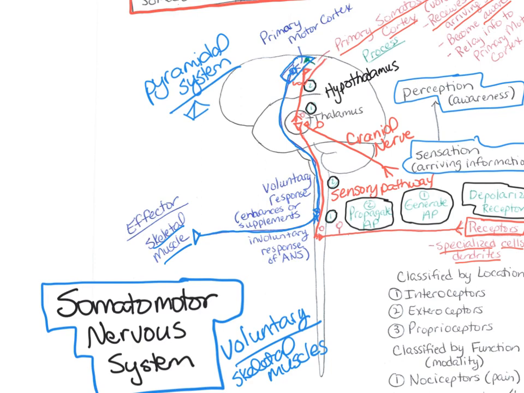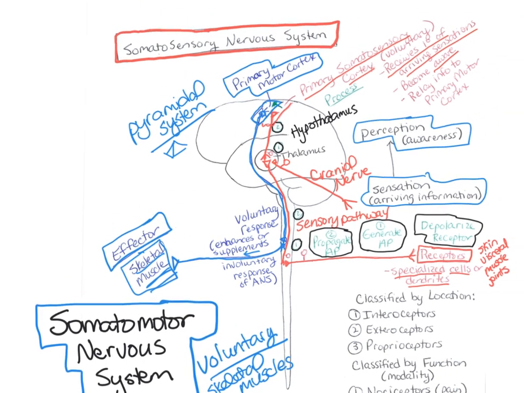So when an action potential is generated and propagated through this neuron, that skeletal muscle will then contract. So with the somatic motor nervous system, it begins in the primary motor cortex and it ends on an effector, which is a skeletal muscle.